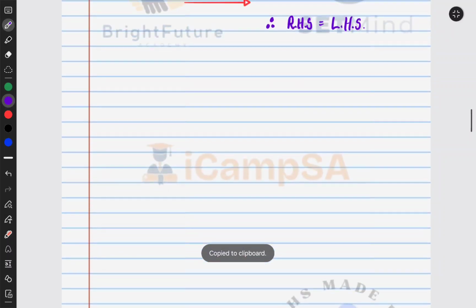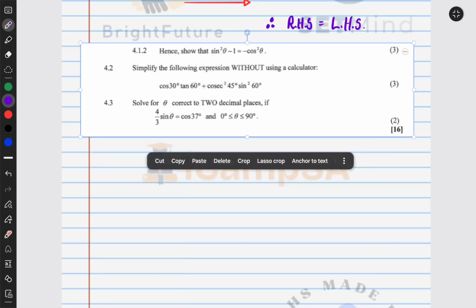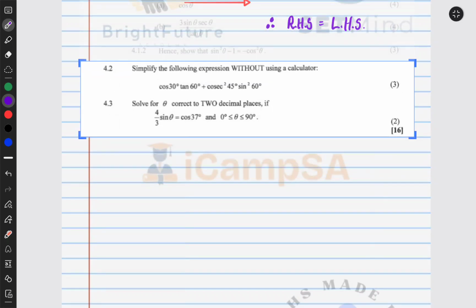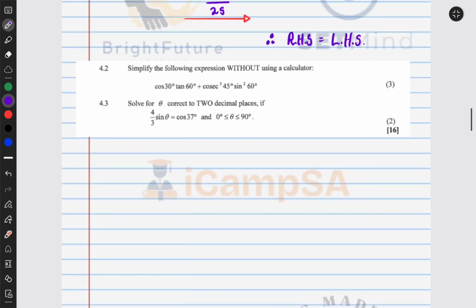Okay, and then for 4.2, we now have to simplify the following expression without using a calculator. Let's see. These are special angles.